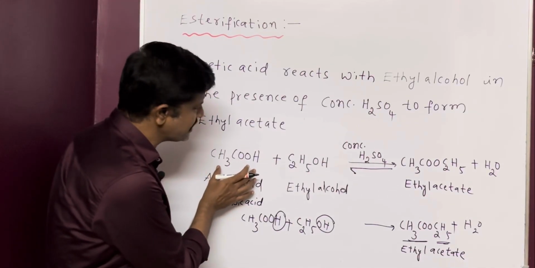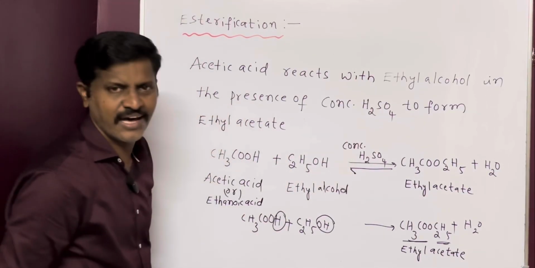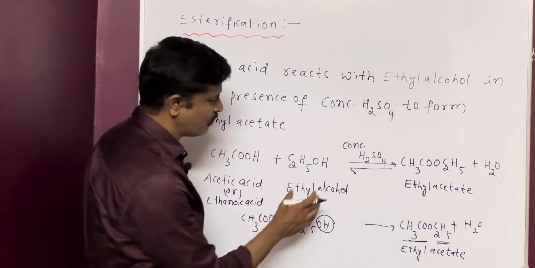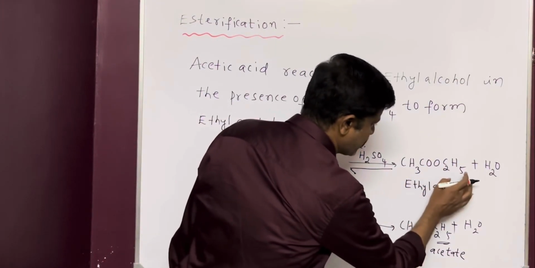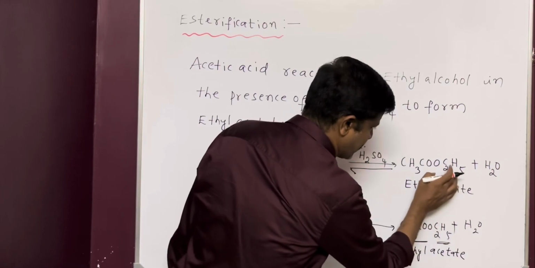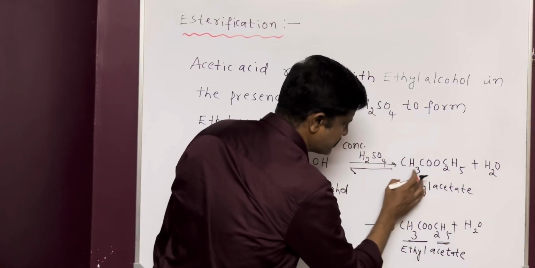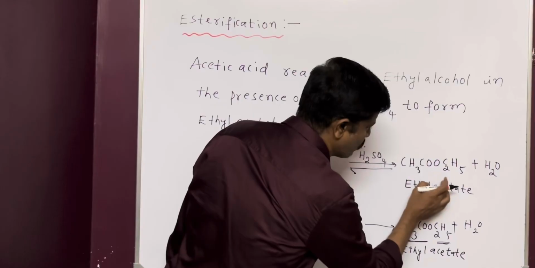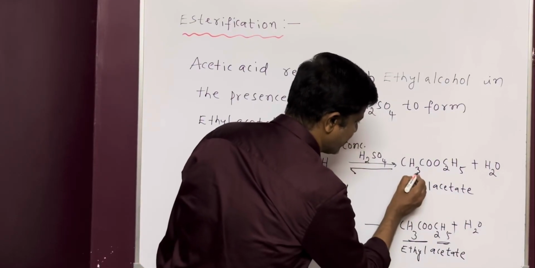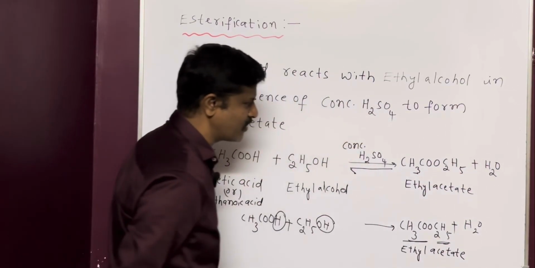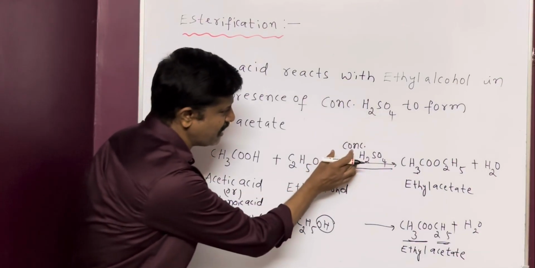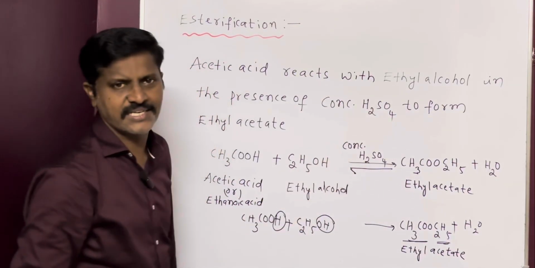So now acetic acid reacts with ethyl alcohol and it forms ethyl acetate. Two carbons are ethyl, and CH3COO is acetate. Clear? Plus water molecule, in the presence of concentrated sulfuric acid.